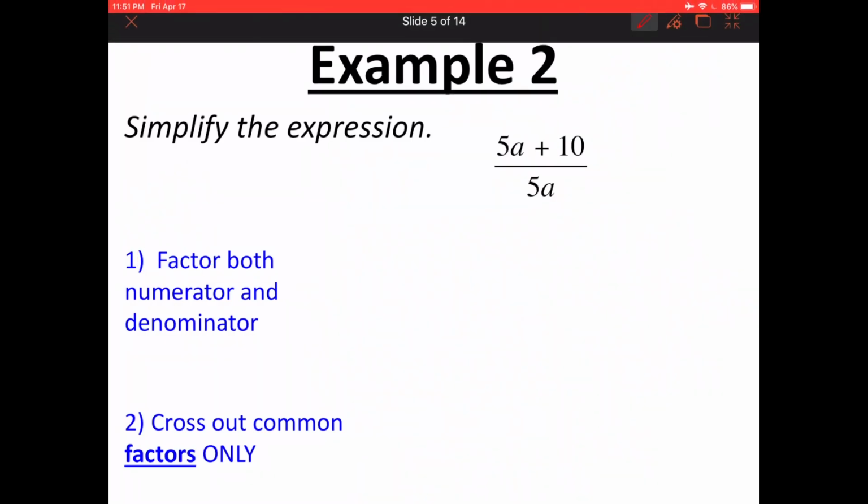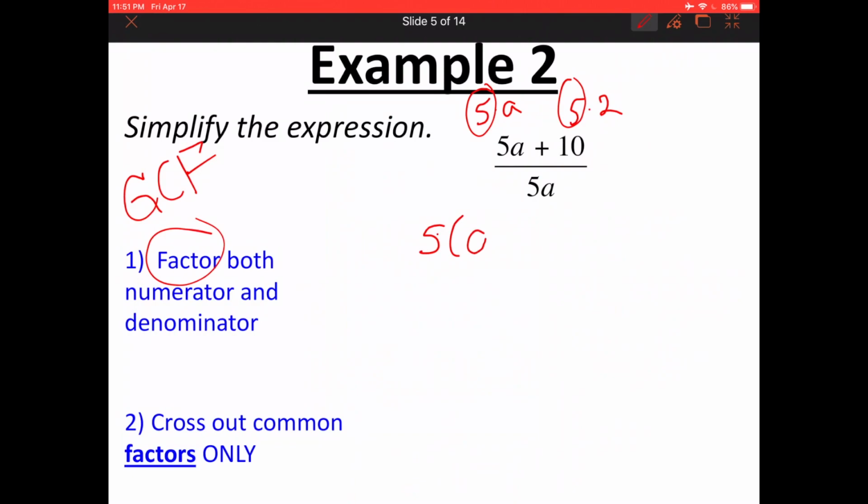Factor both the numerator and the denominator. Again, our method of factoring here that we're going to use is GCF. So in my numerator, 5a would be 5 times a, 10 would be 5 times 2. So what do they both share? They both share a 5. So my numerator would be rewritten as 5 times a plus 2. My denominator is still just 5 times a.